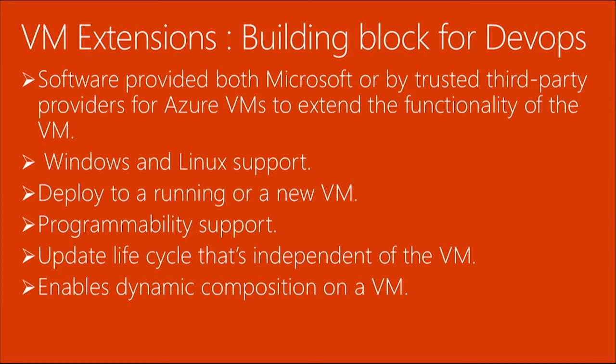So VM extensions are basically software provided by Microsoft or by trusted third-party providers for Azure VMs to extend the functionality of the VM. What that means is we have taken existing software that is available, Chef, Puppet, or anything else, and we have wrapped it around to work with the Azure platform, and we've made it very, very easy to run inside IaaS VMs. And these VM extensions have both Windows and Linux support as well.